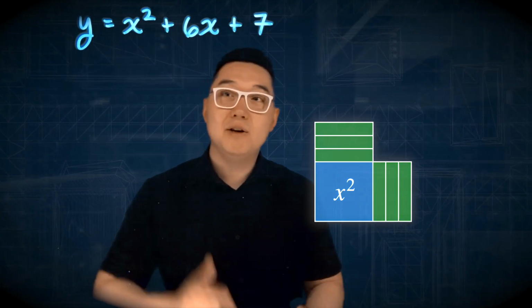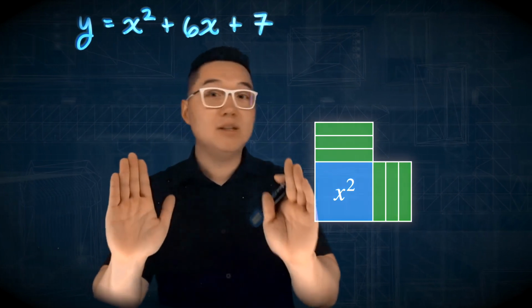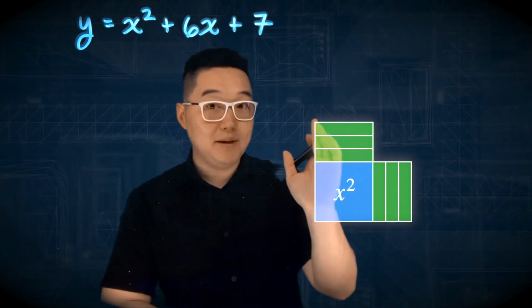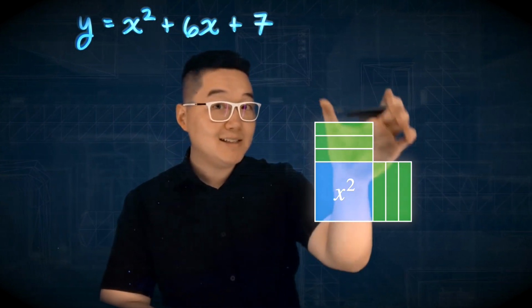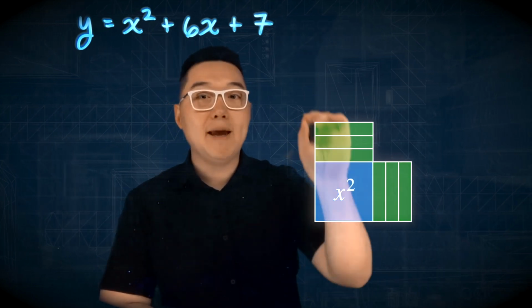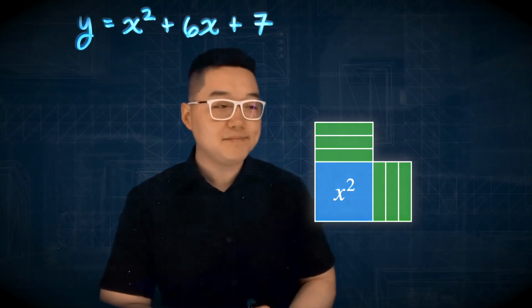In other words, since we have 6x, we have to split it in half, or divide by 2. 6 divided by 2 is 3. So that means we need 3x stacked on the top and 3x stacked on the side to build a perfect square where the length and the width are equal.